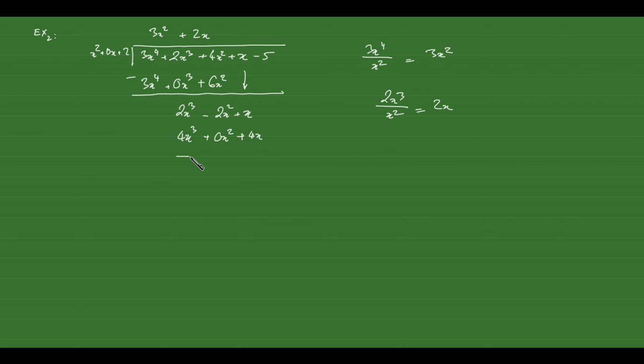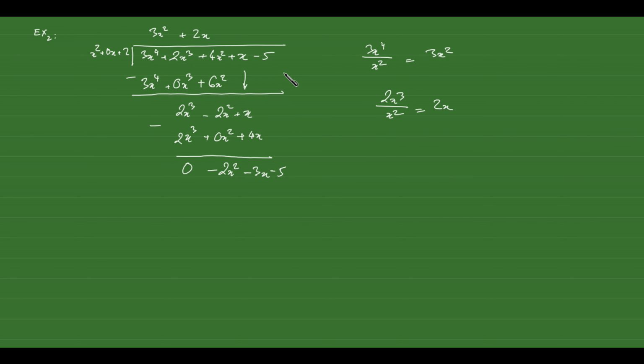There you go, do subtraction. We give you 0 minus 2x squared minus 3x. Now you drop negative 5 down.